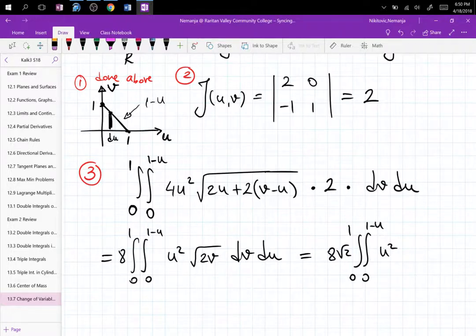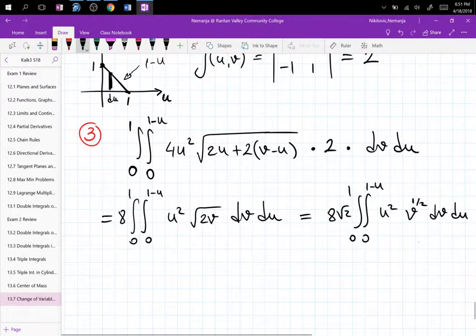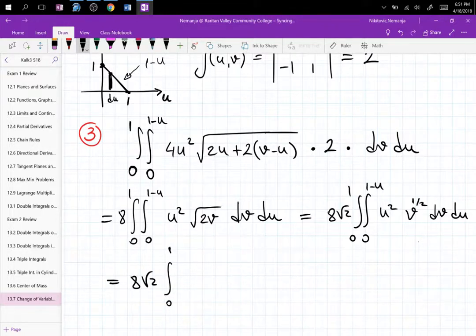I'll put that as v to 1 half, dv du, and then now just integrate. 8 root 2 integral 0 to 1, and now u squared is the constant, v becomes v to the 3 halves over 3, and then 2 goes on top, from 0 to 1 minus u, and we still have du to worry about later.